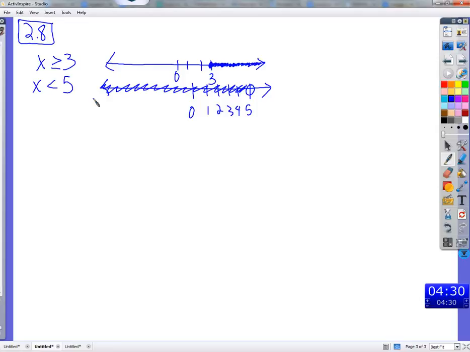Okay. Let's change what the variable is and see if that changes anything. y is greater than or equal to -2, and y is less than 9.